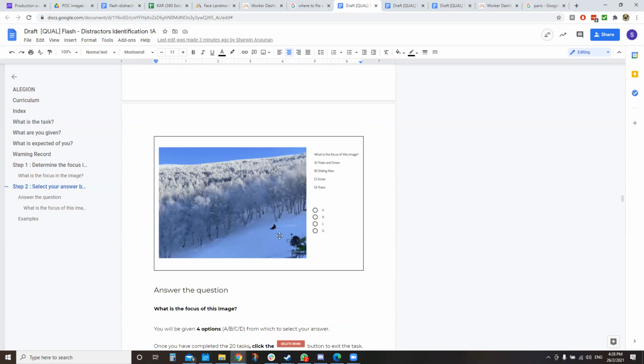If you could remove something to make this picture look better, there's a green object at the right bottom. This whole thing, whatever this thing is. Other than that, everything else is fine. So you look at the picture, you tell the focus, and then you pick the answer. That is basically qual one.